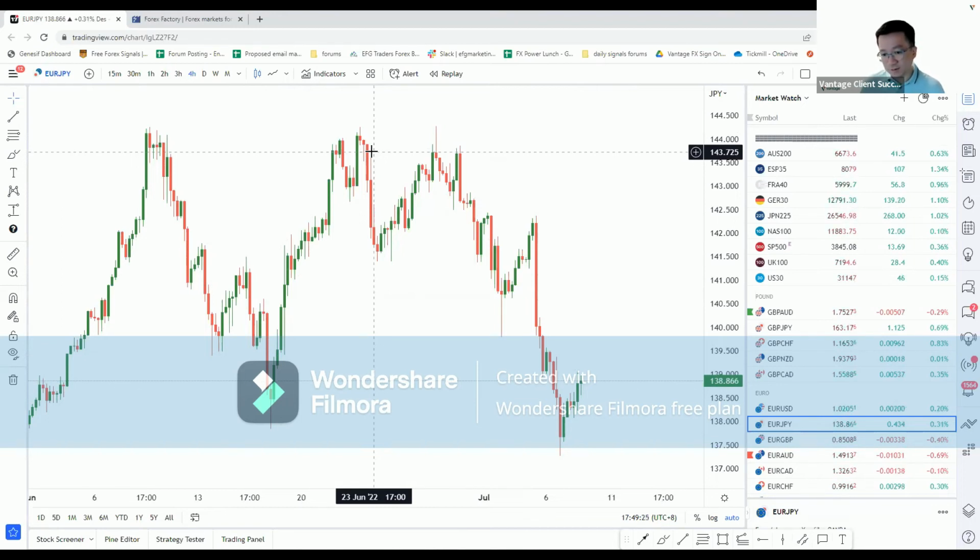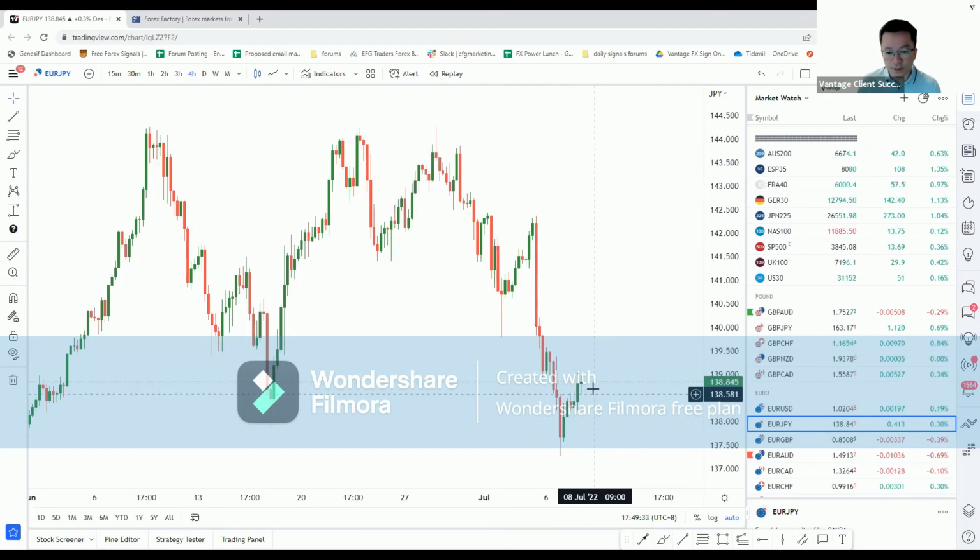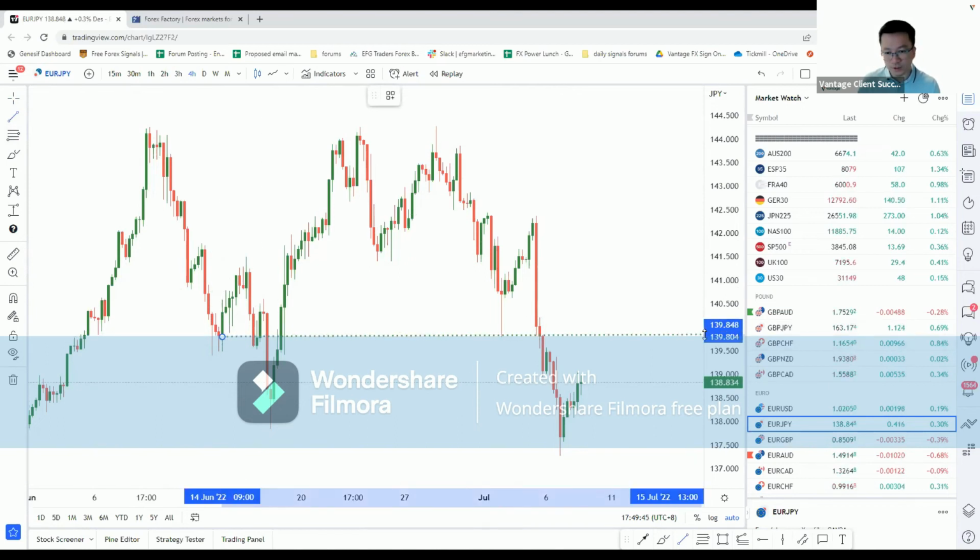And in this setting right now, both look unlikely to happen. So what I'm actually looking for is a rejection of 139, or for it to move slightly higher again, and a possible rejection at about 139.80.